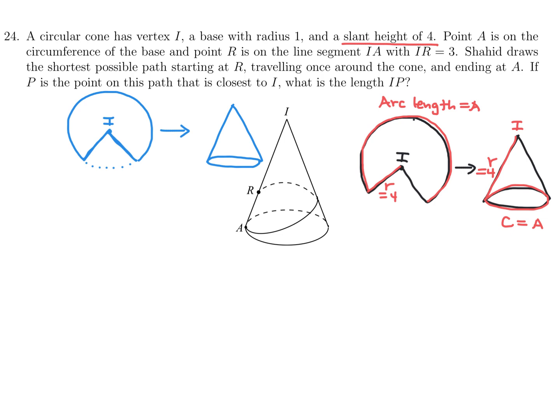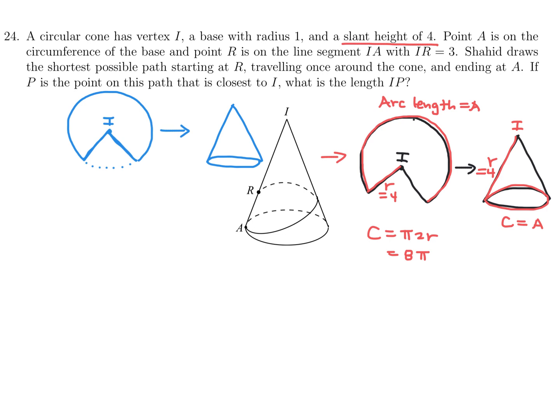So if R is 4, then the circumference of this is pi times 2R, which in this case would be 8 pi. Yeah, the circumference of the entire thing would be 8 pi.